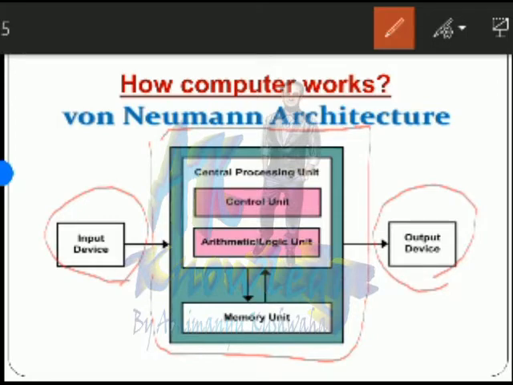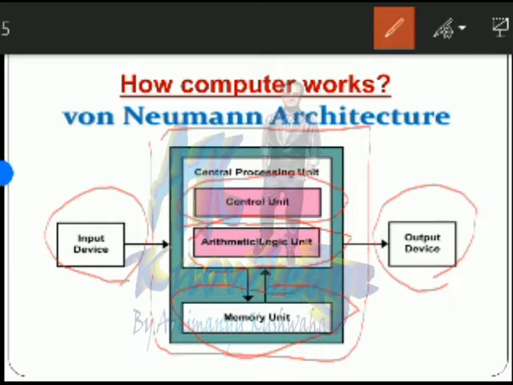The input device inputs something to the CPU, and the data comes to the central processing unit. Inside the central processing unit there are parts. First is the control unit, and second is the arithmetic and logical unit. And there is another part, the memory unit. So three parts are there.